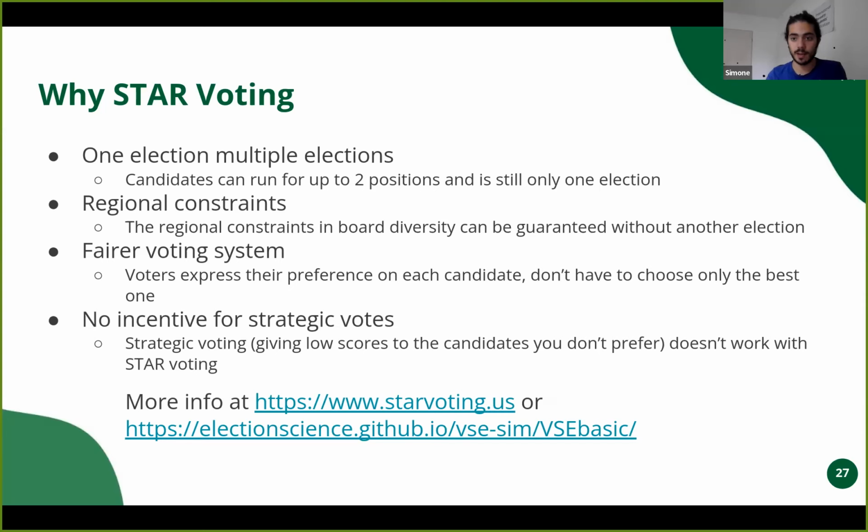You're just saying, I want my candidate to win. If you use this strategy in STAR voting, you are failing because there is no point in doing that. So this is why we use STAR voting.